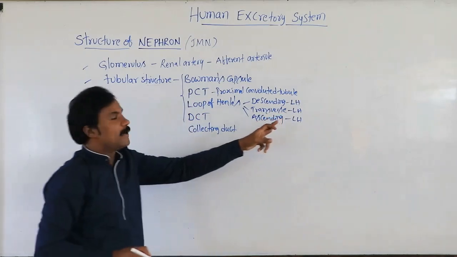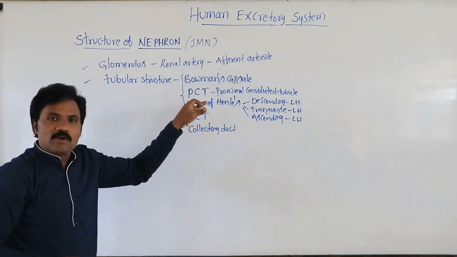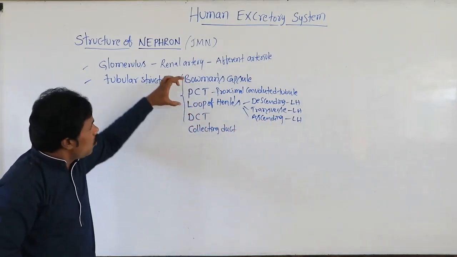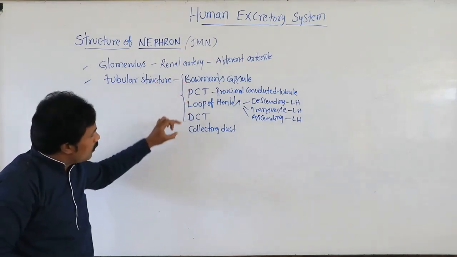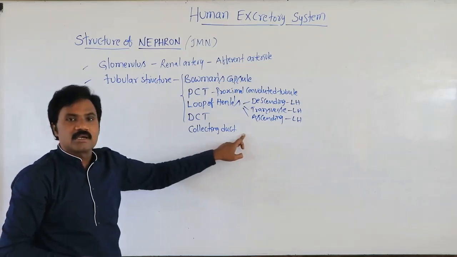LH means loop of Henle. Then the distal convoluted tubule. All these parts of the nephron connect to one more duct, that we call the collecting duct.